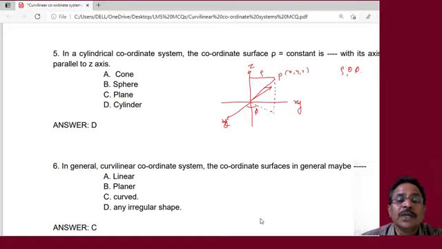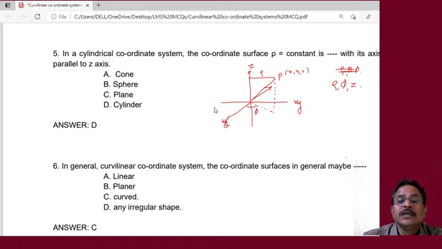In the case of this cylindrical coordinate system, we have three coordinates, that is rho, phi and z.